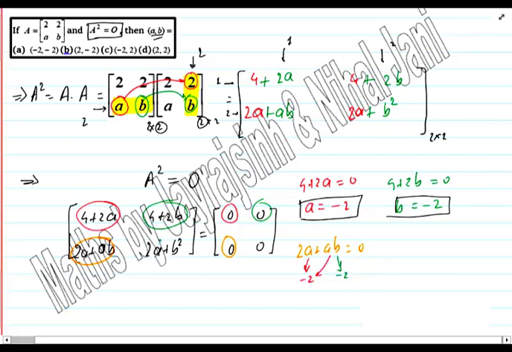Okay, and the last condition is 2a plus b square must be equal to 0, and check. Put the values of a and b, and yes, it is also satisfying the condition. So tada! The correct option is A, minus 2 and minus 2.